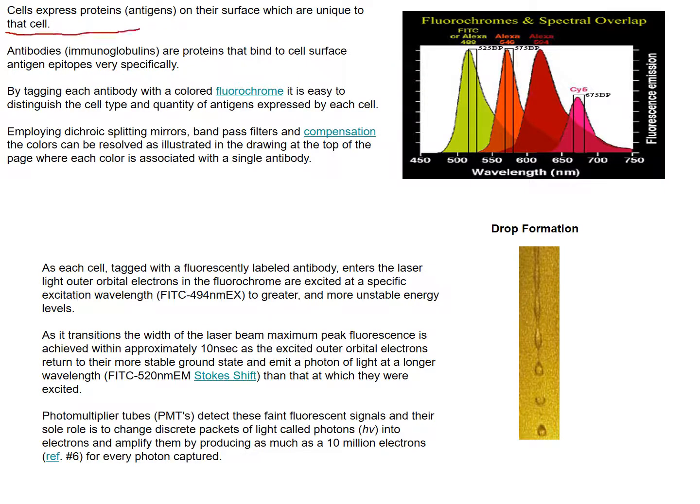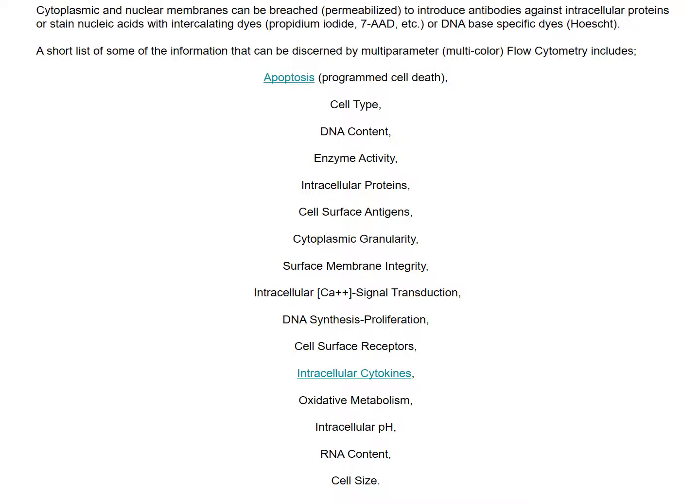So here's cells that express antigens, which are unique to those cells. We have tagged antibodies. They have a fluorochrome, and then we can detect them. Here's the droplet formation, just showing kind of what we've seen before, but I just had some more pictures. Some information determined by flow cytometry, including FACS.